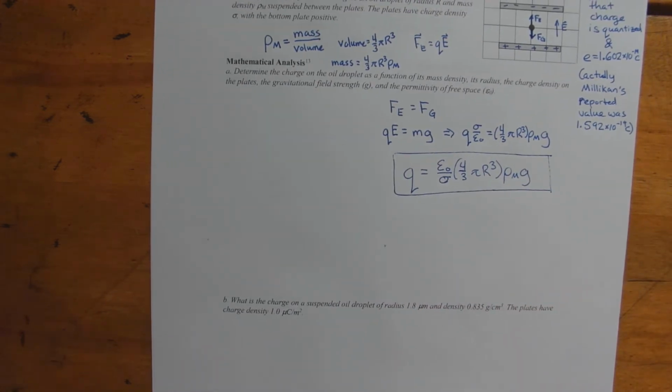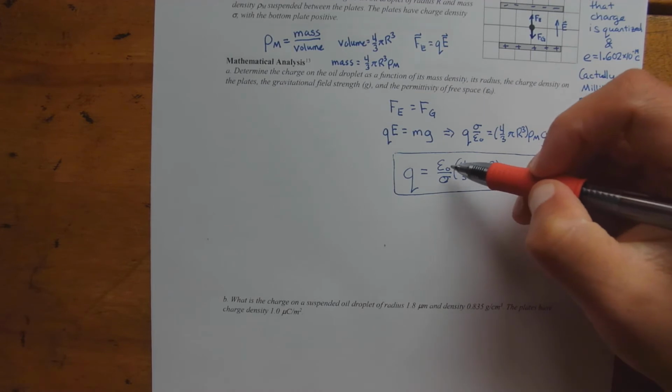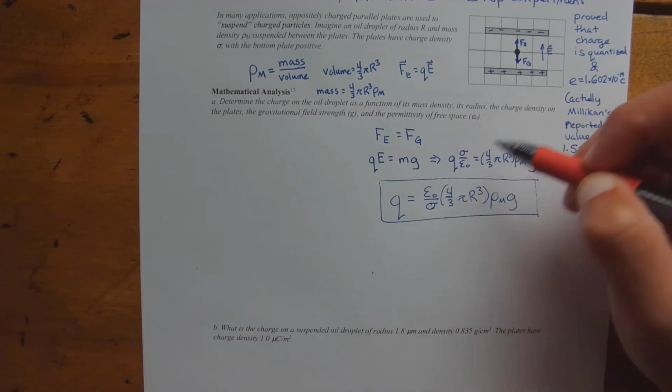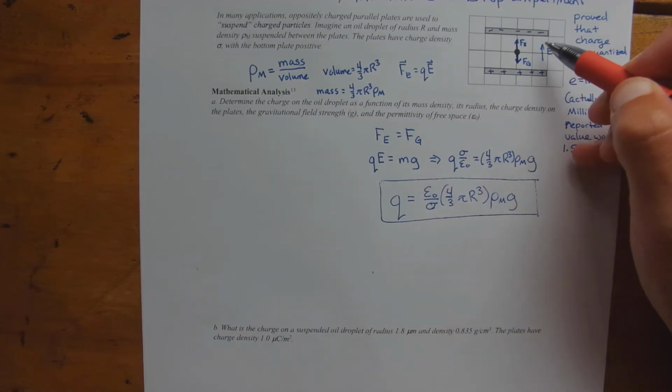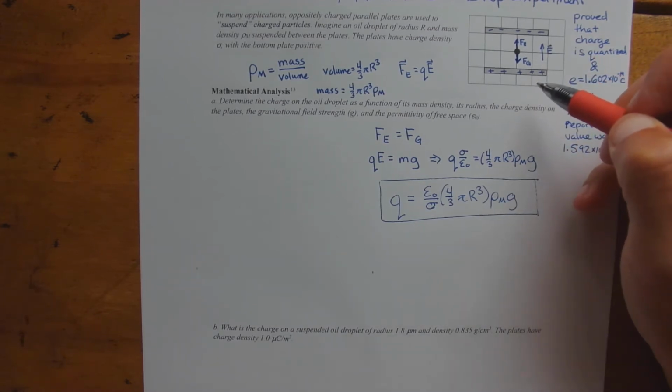Now, let's look at the things which could actually change depending on which oil droplet you're looking at. Epsilon naught is a constant, and that is related to K, so that's not going to change. You could change the charge density on the plates, but it would be the same for all the oil droplets.